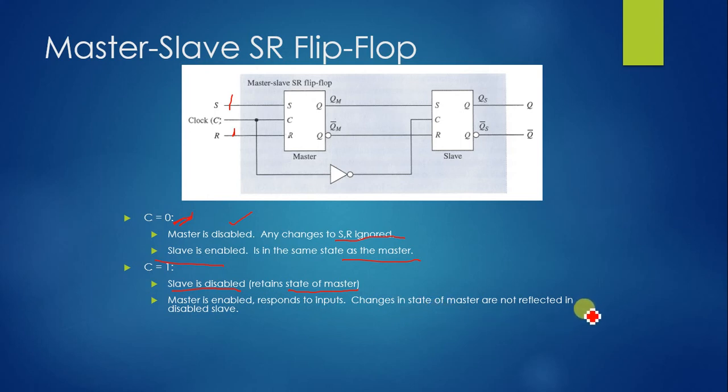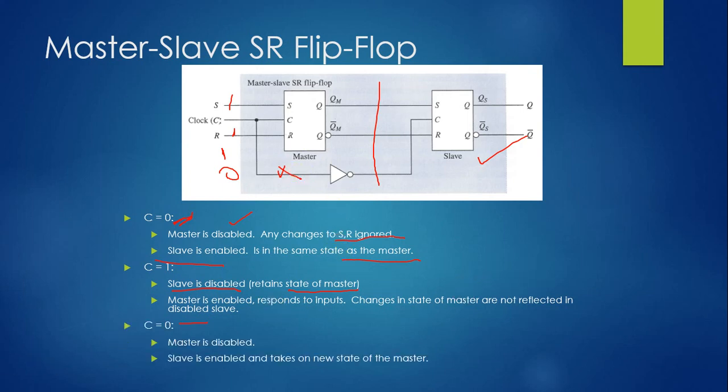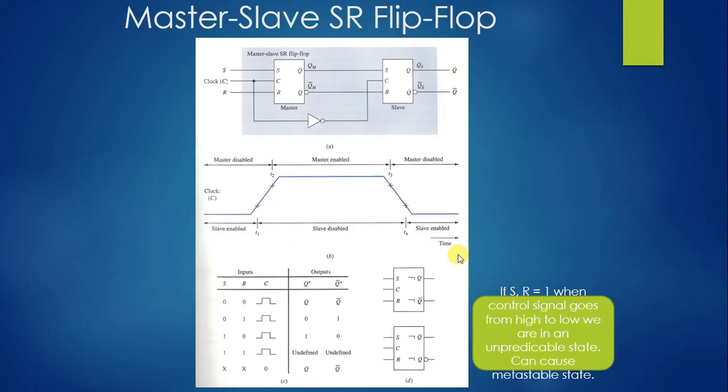Changes in the state of master are not reflected in the disabled slave. Whenever C is equal to 1, it will cut off the slave and only master will act. Whenever C is equal to 0, it will enable the slave and master will be disabled, right? And so on. The time period where master and slave are disabled is something phenomenal, right?